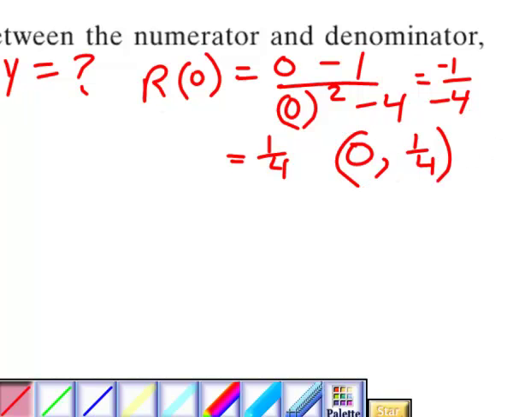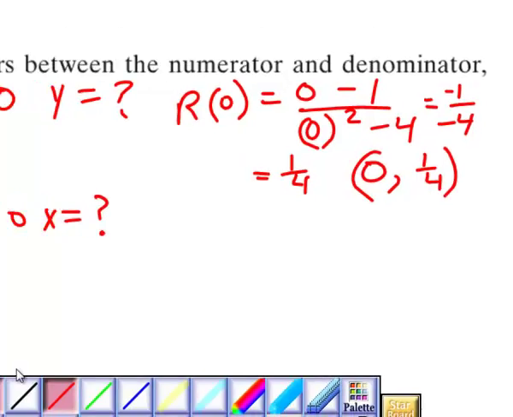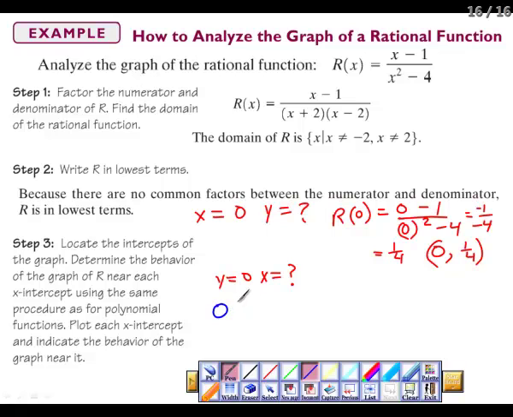Now we're going to set y equal to 0 and solve for x. The process for finding the x- and y-intercepts is the same as when we were finding them for a parabola or a line or anything. So we put r of x equal to 0, which is x minus 1 over x squared minus 4.